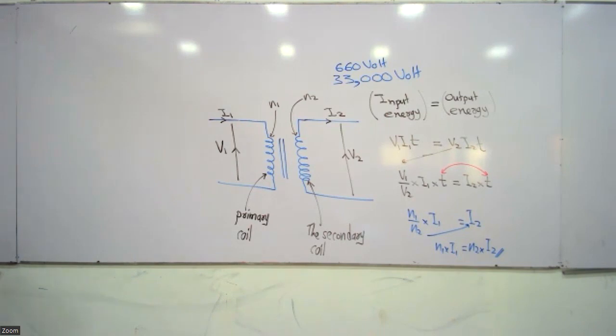We'll stop. How many turns should be there in the secondary coil?